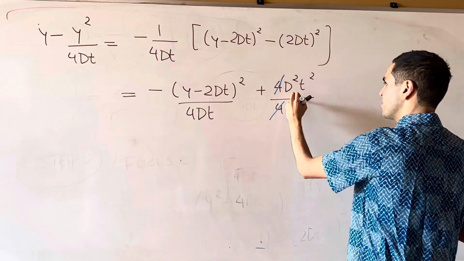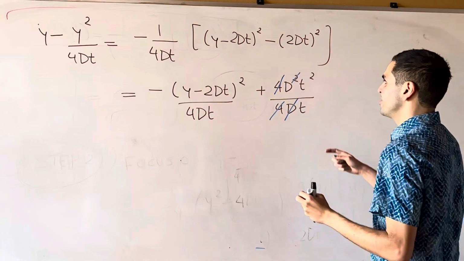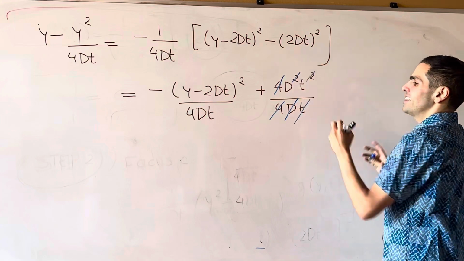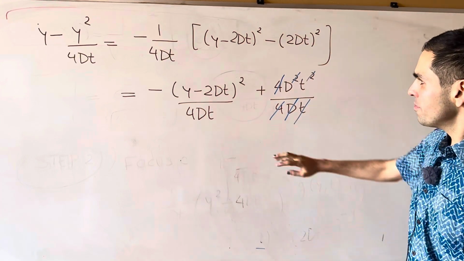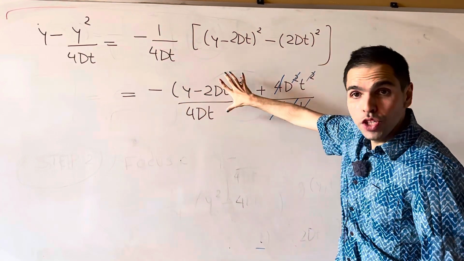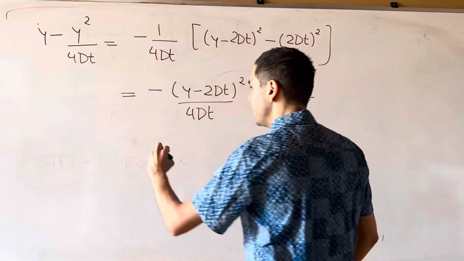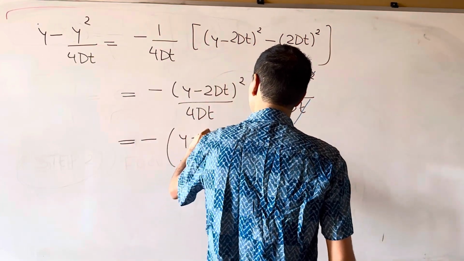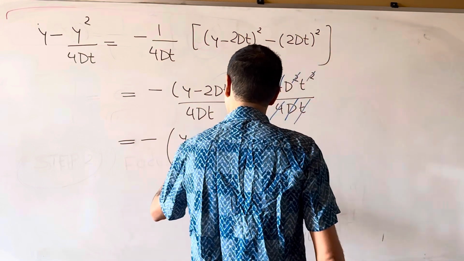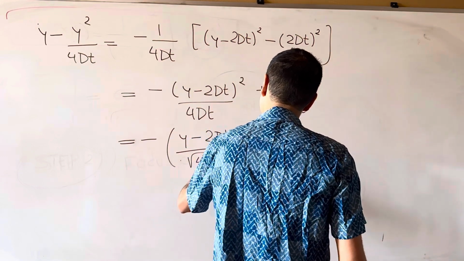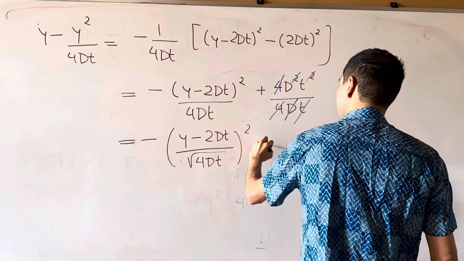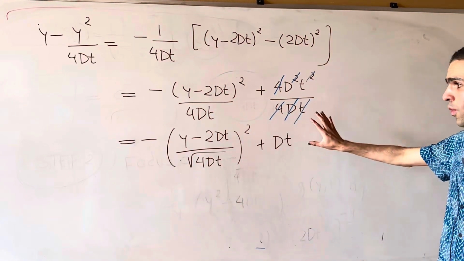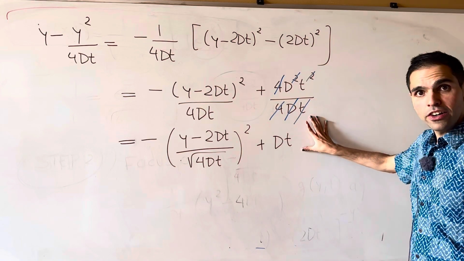This 4 cancels out, the d cancels out, oh no, not the d, and then the t's cancel out. And again, in view of writing this as a Gaussian, let's put everything under that square. So -((y - 2dt)/sqrt(4dt))^2, and then plus dt. Very good. So once again, that was the exponent in our Gaussian.